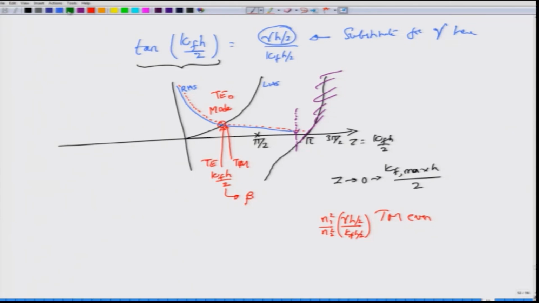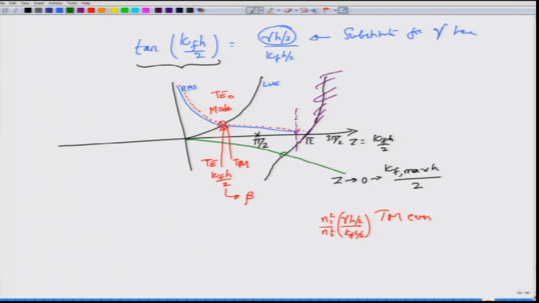Well, for the odd modes, you will have to start with minus kappa f h by 2 by gamma h by 2. Because there is a minus, the odd modes actually occur in the fourth quadrant, and because the numerator is kappa f h by 2, they would go something like this. It will not touch the first branch here; do not worry about the points being touched here, that is not of consequence.